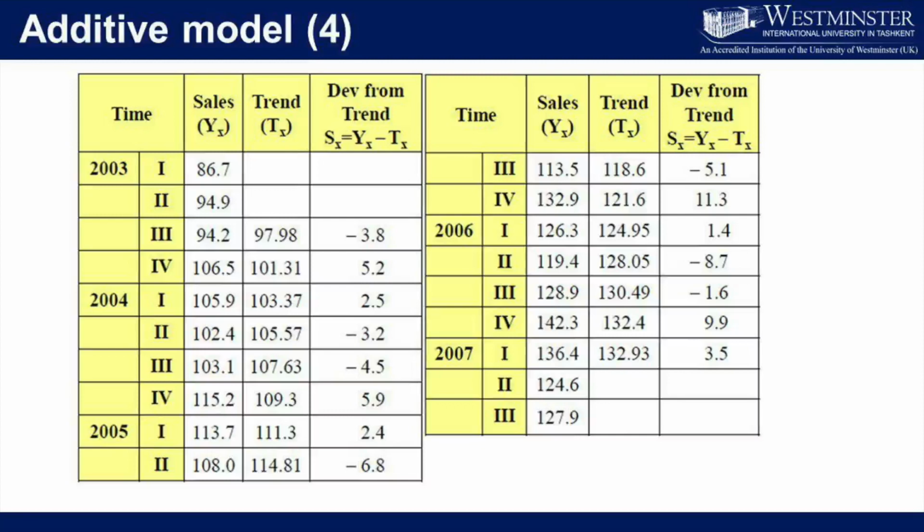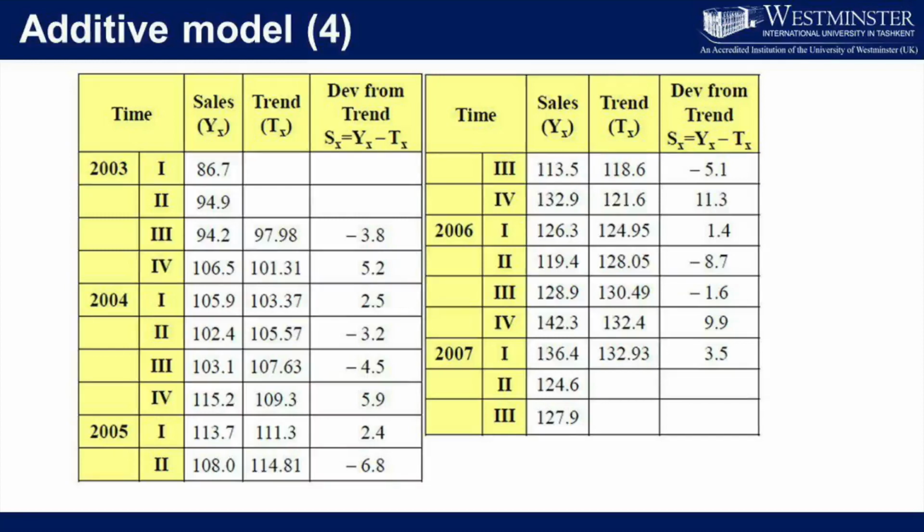Now to do that in the additive model, we basically subtract. So deviations from mean is equal to y minus t at x time. Let's say this is our actual data.